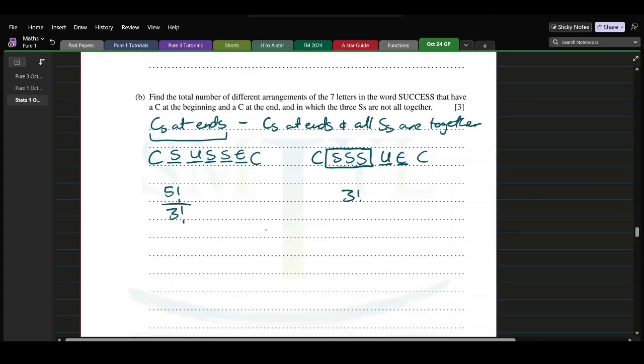So it means we've got 5 factorial over 3 factorial minus 3 factorial. Let's punch that into the calculator: that gives us 14. And that's our final answer.